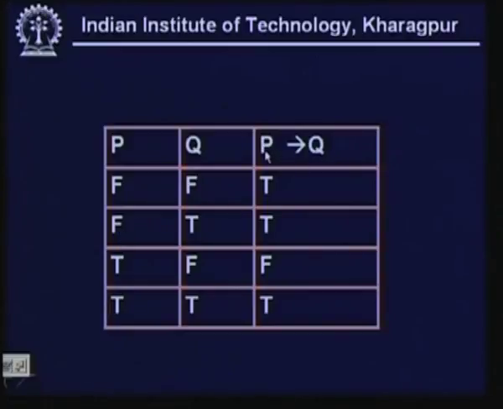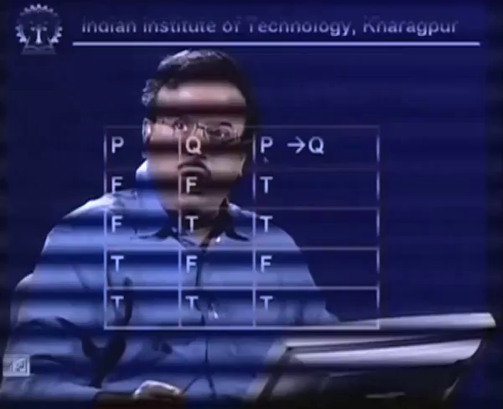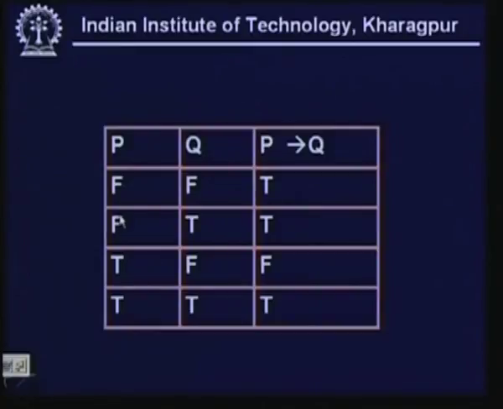If P is false here and still Q is true, yes, that can happen, because P's truth is a sufficient condition, but not a necessary condition for Q's being true. So, if P is false and Q is true, is the statement P implies Q true? Yes, it is still true.